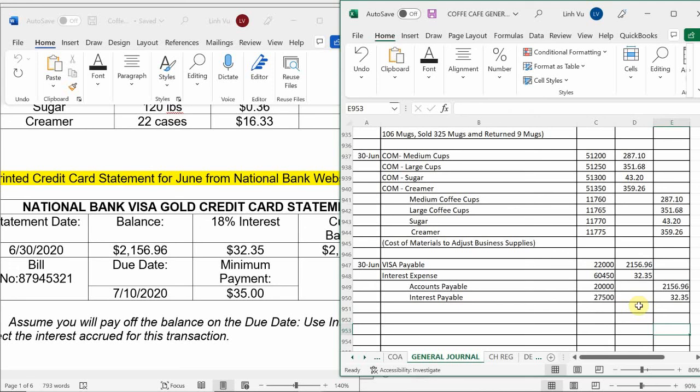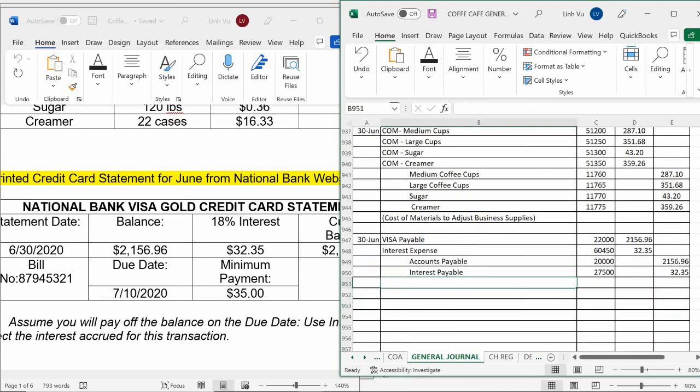Okay, so now I'm going to go ahead and put in my note here that I received National Bank Visa credit card statement, right?